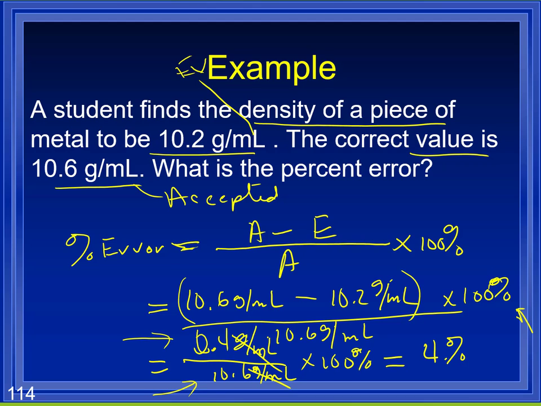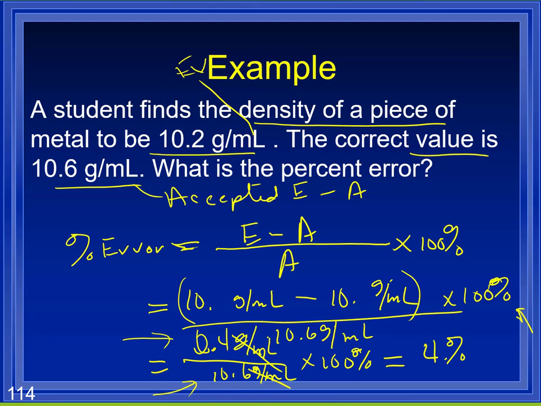Oops, did I get it backwards? Experimental minus accepted. You know, I fight this one every time. It should be experimental first because your book gives it a direction. Most places put absolute value bars here, so I always forget which way. The way I remember is that if the experimental is too big, it should be positive.